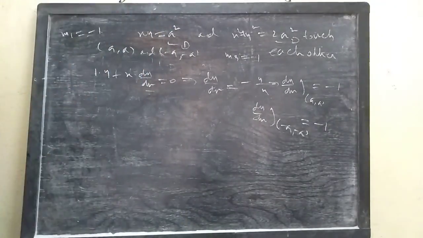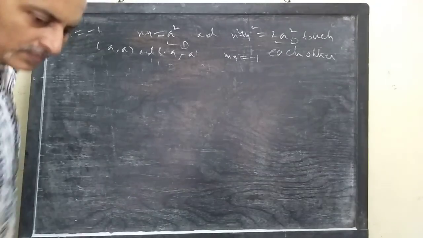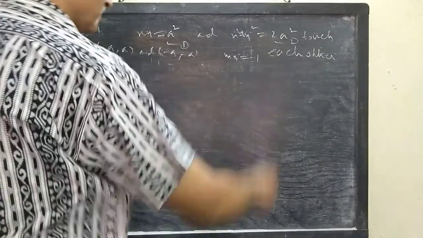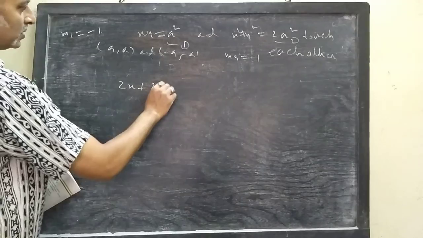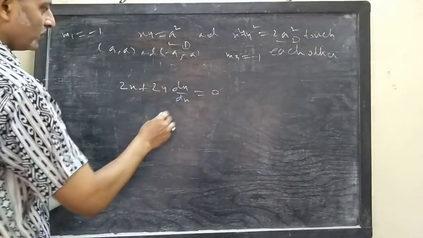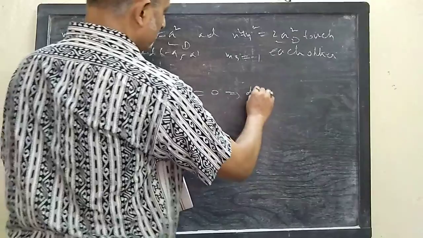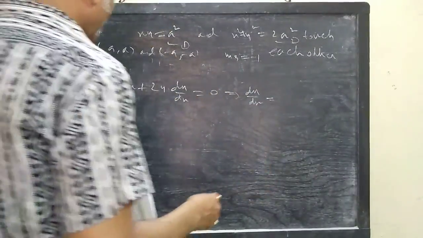Okay, next, differentiating both sides of 2 with respect to x, we get 2x plus 2y dy dx equals 0. That means dy dx equals minus x by y.